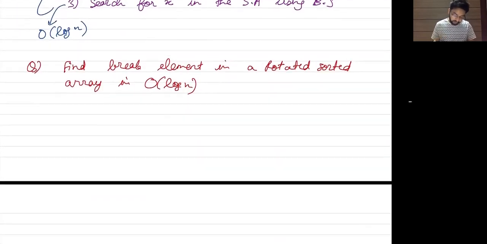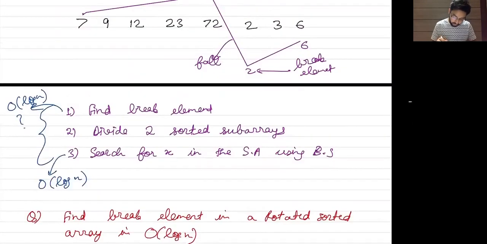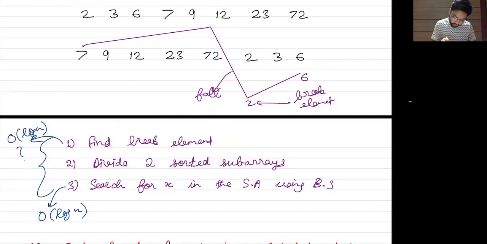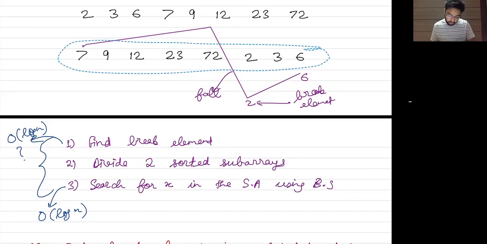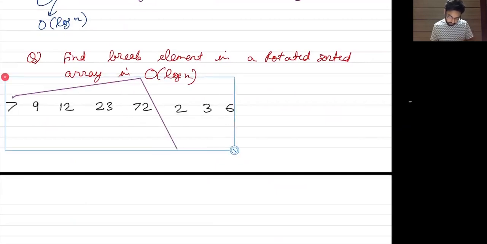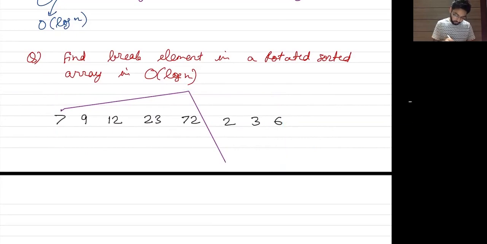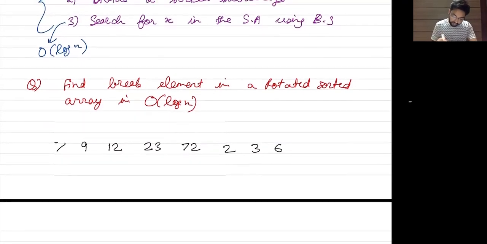So now forget about the previous question. Now we just have to find the break element in a rotated sorted array in order log n. And also let me copy this array and paste it here. All right, so now I have to find this break element in a rotated sorted array in order of log n.